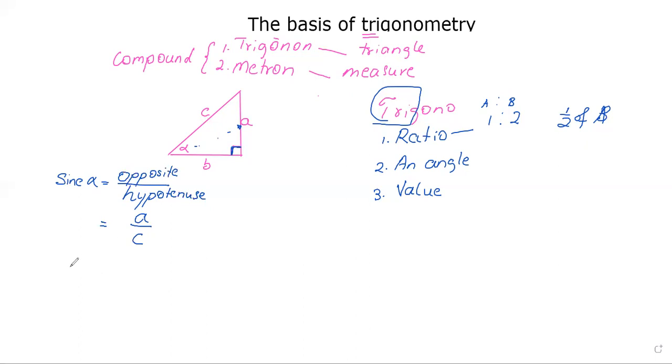Look at the second one, which is the cosine of alpha. The cosine, by definition, is adjacent over the hypotenuse.